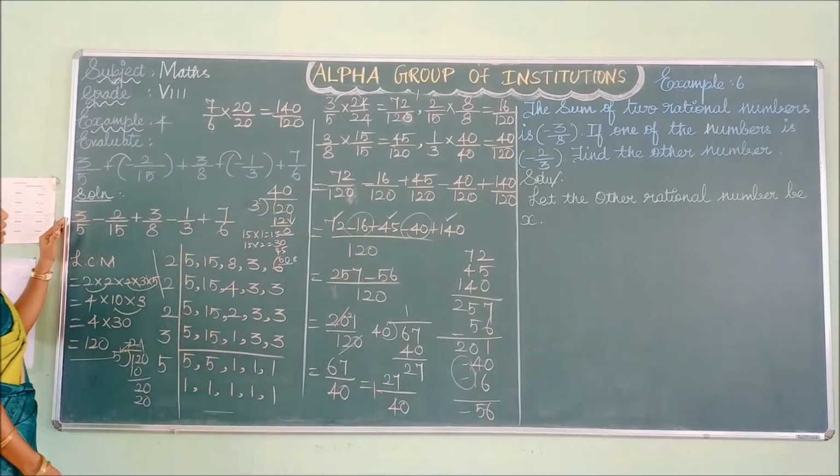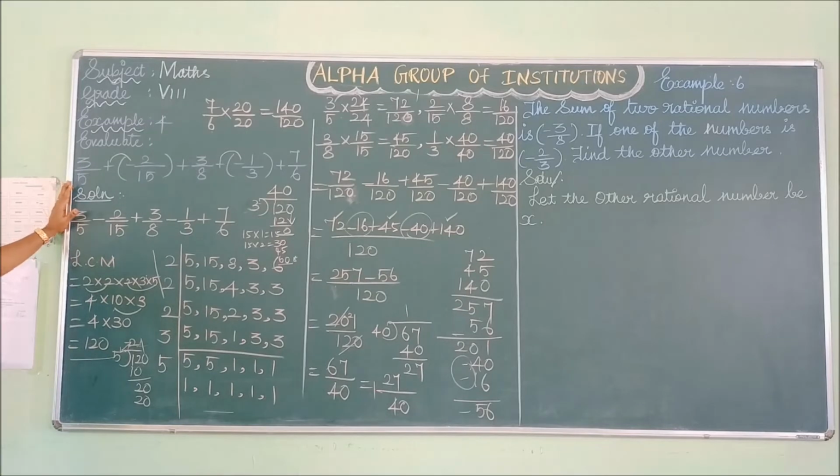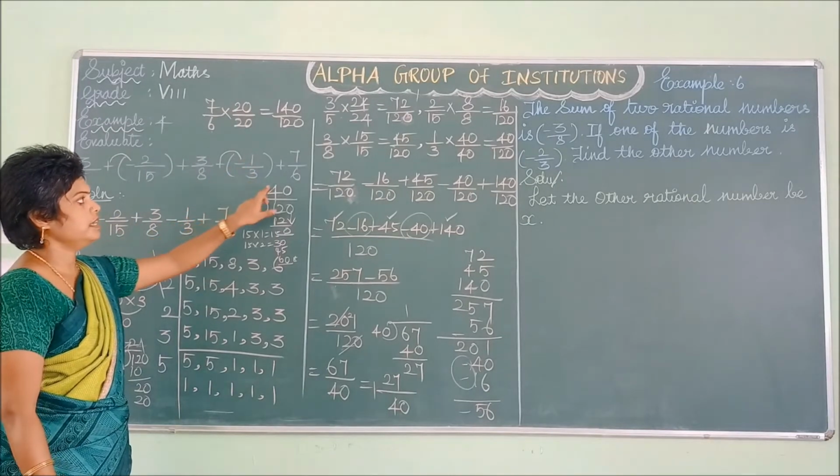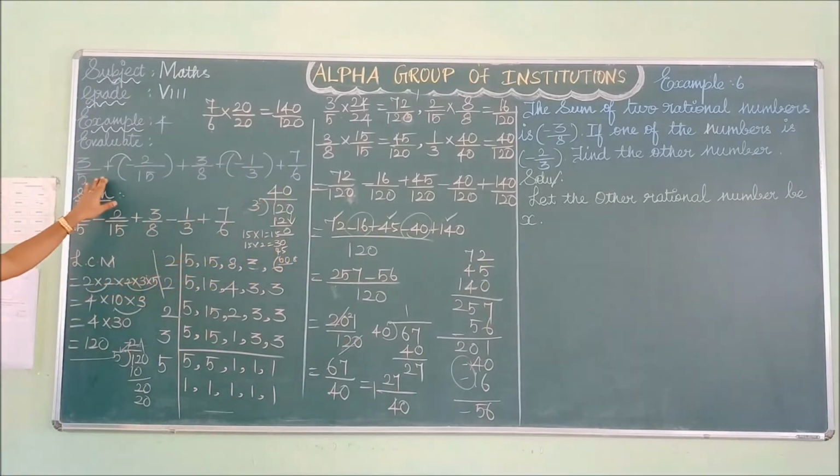So look once again. Here you have to evaluate. Evaluate means you have to solve the expression. So what is the expression given here? 3 by 5 plus minus 2 by 15 plus 3 by 8 plus minus 1 by 3 plus 7 by 6. So signs change with the bracket. How to remove the bracket first, that I have done here.